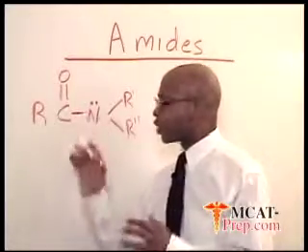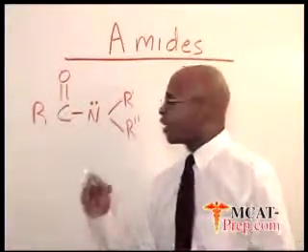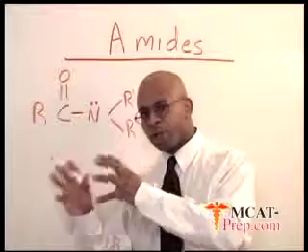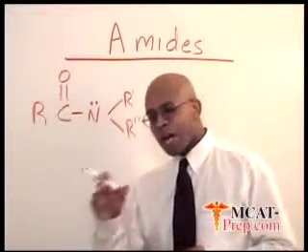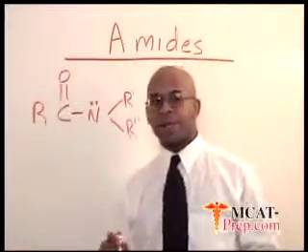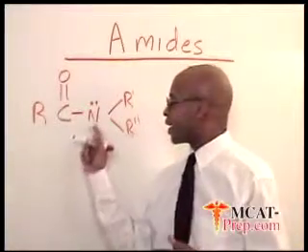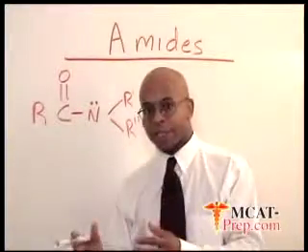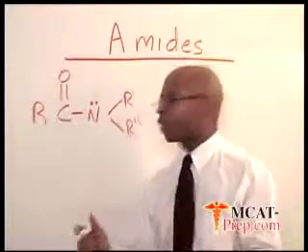Now, when we look at the resonance structures, remember by looking at the periodic table that oxygen, being to the right and high up, is more electronegative than nitrogen. Nitrogen is electronegative, but oxygen is more electronegative.